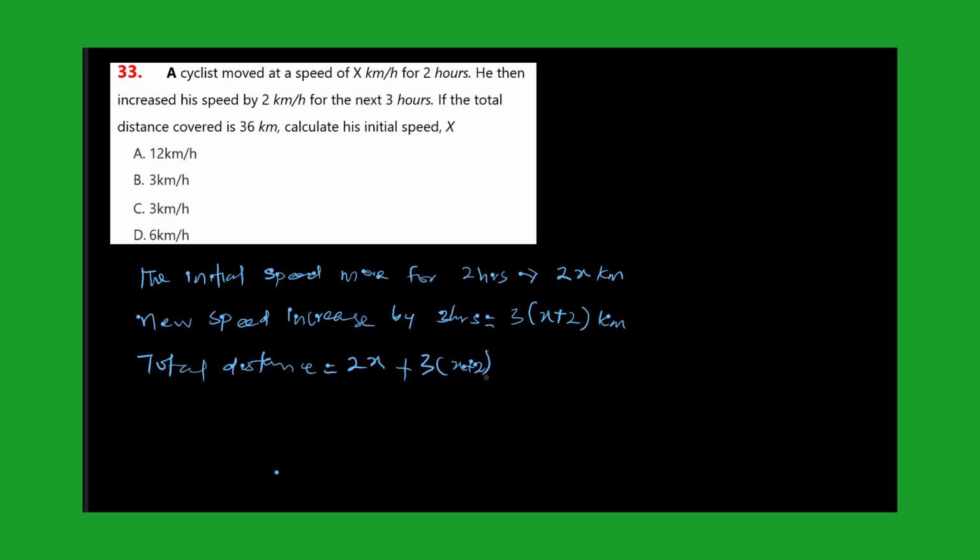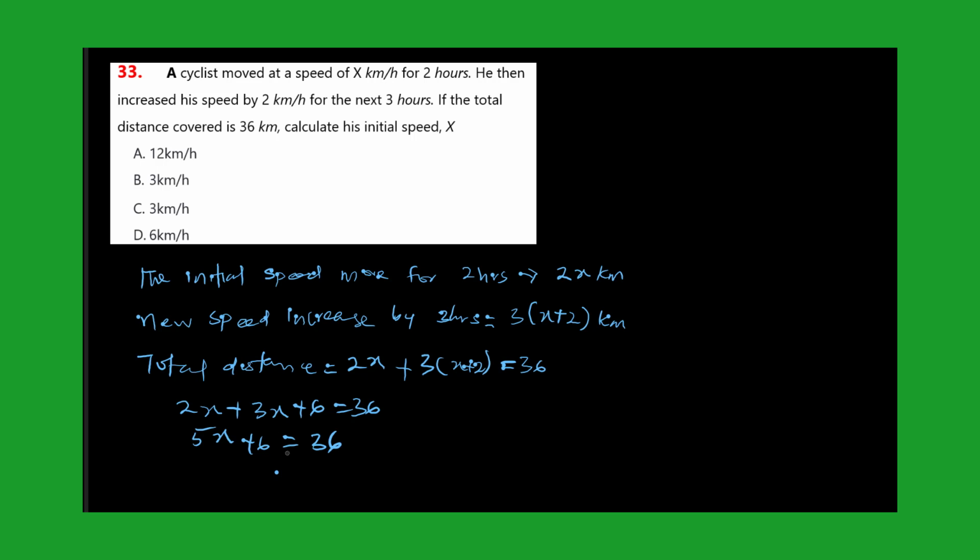We are given the total distance covered is 36 km. So everything is 36 km here. So let's open this bracket. 2s plus 3s plus 6 equals 36. Now let's find the value of s. 2s plus 3s will be 5s plus 6 equals 36.